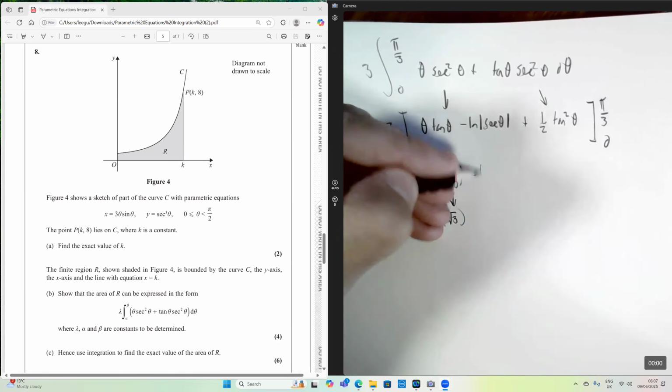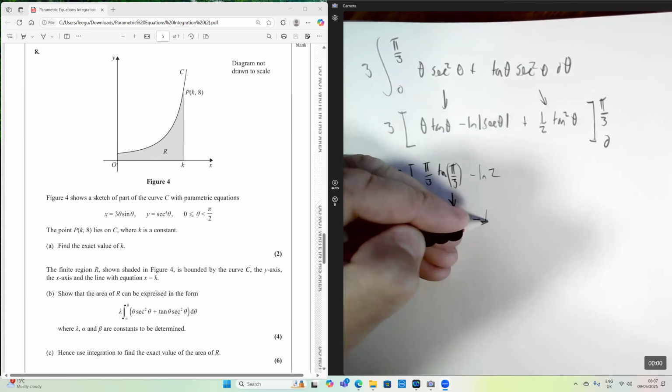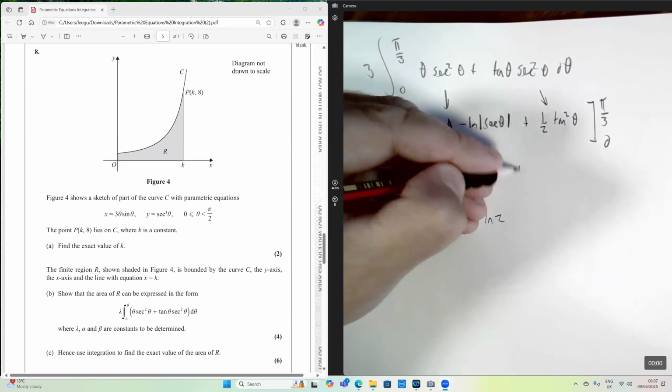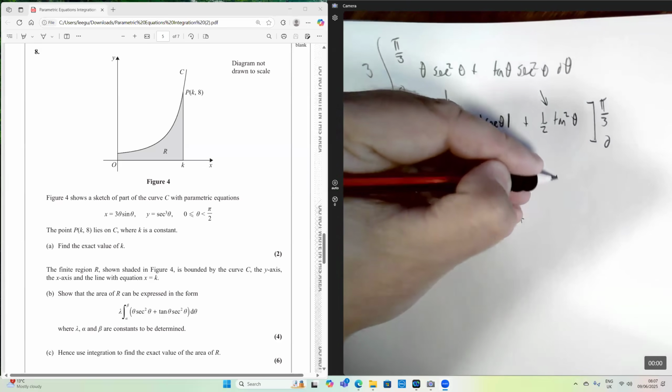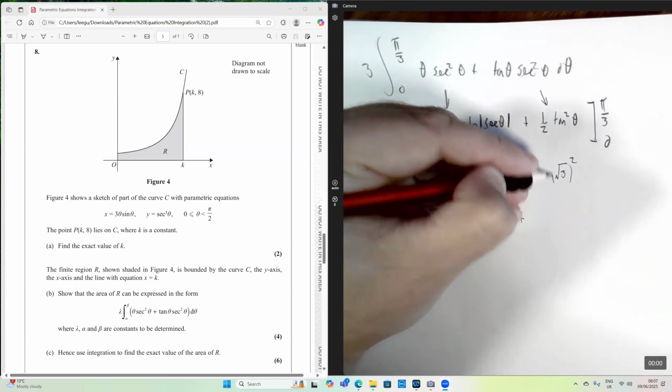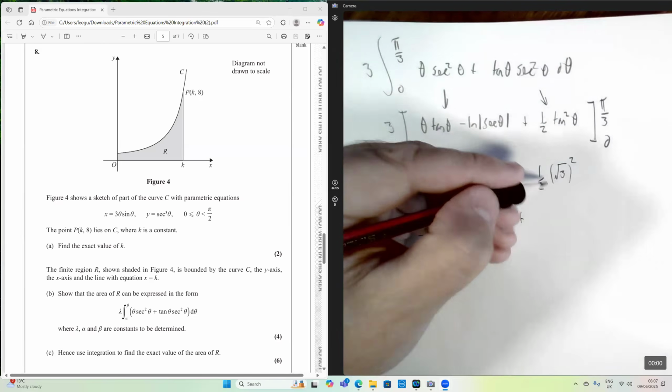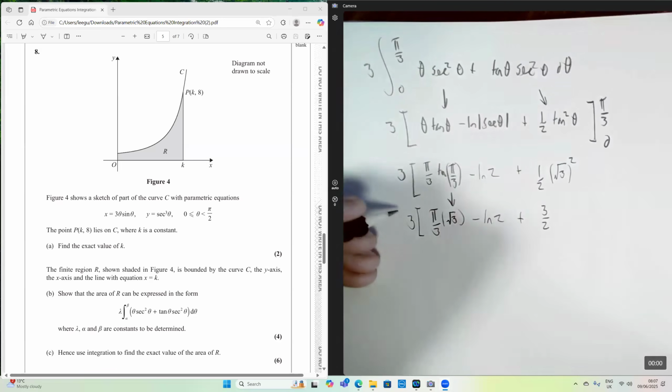So that is going to be minus ln 2. So we've got minus ln 2 plus a half tan squared theta. Tan of pi over 3 is root 3, and root 3 squared is going to be 3. So root 3 squared times a half is going to go to 3 over 2.